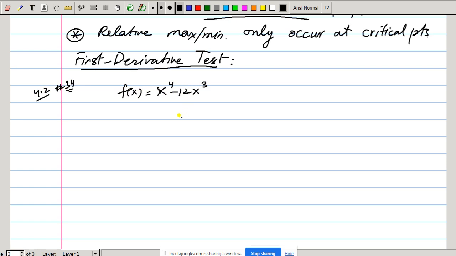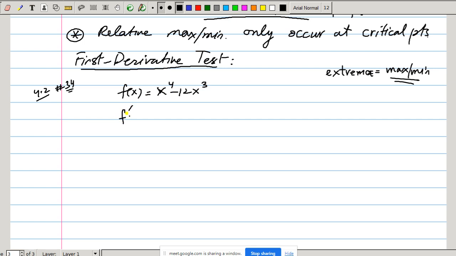The question is to find the relative extrema. Relative extrema means both maxima and minima. Maximum and minimum values are extreme values.